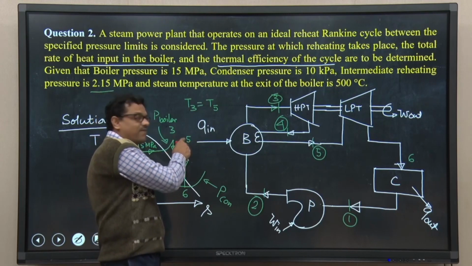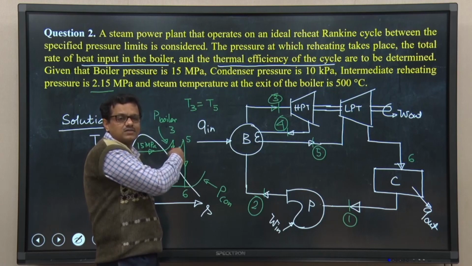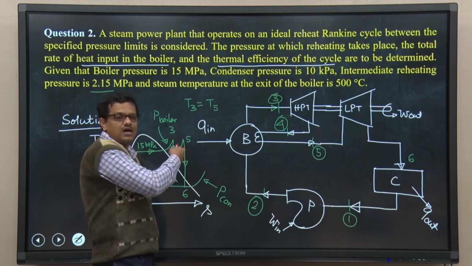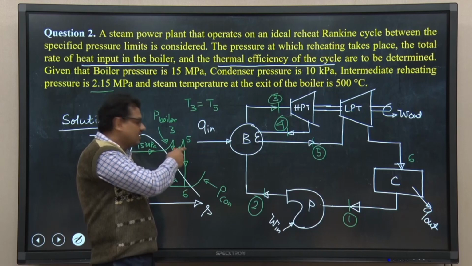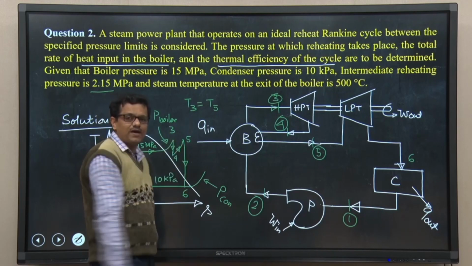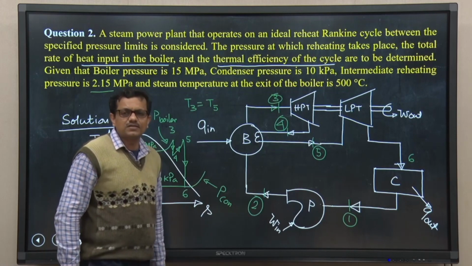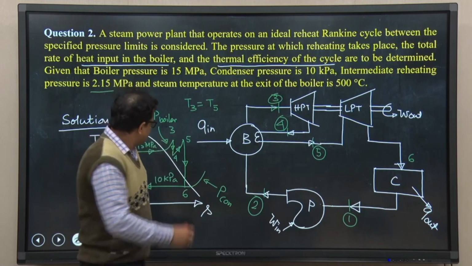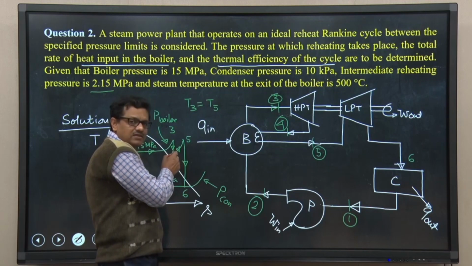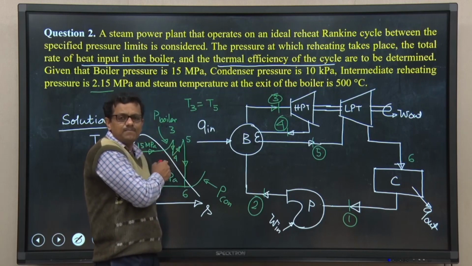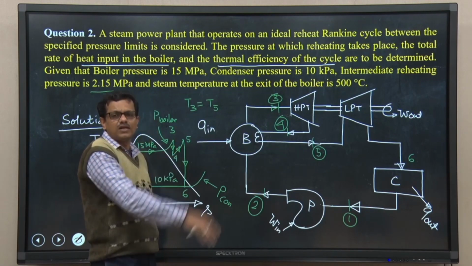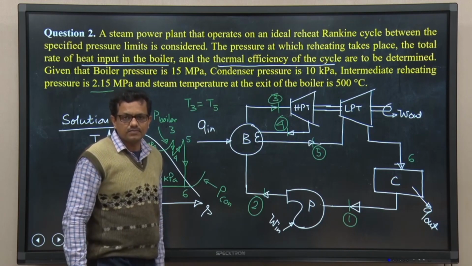Since points 4 and 5 are on the same pressure line, naturally P4 equals P5 equals 2.15 megapascal. From the state postulate, if we try to place this particular state point in the TS plane, we also need to know another important intensive independent property.